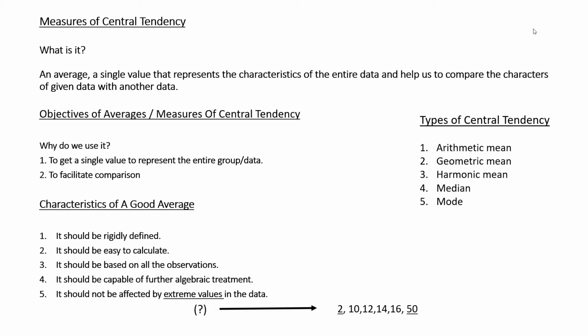Why? Because there are some features, some characteristics which must be there in a good or ideal average. Now we will go through those characteristics. What are those characteristics? When will we call an average an ideal one, right?